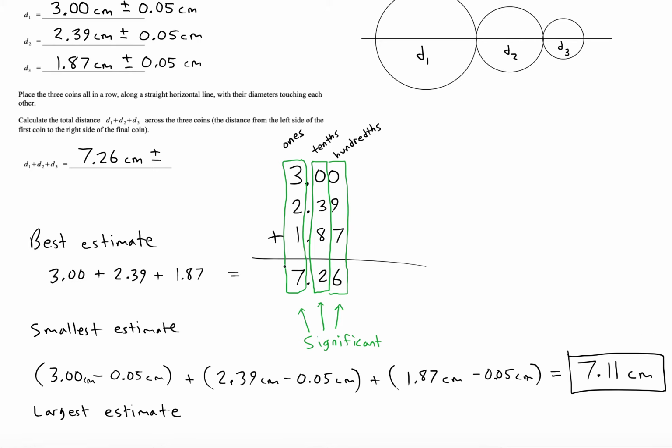And remember, the best estimate was 7.26. So you can see how different they might be, is the idea.